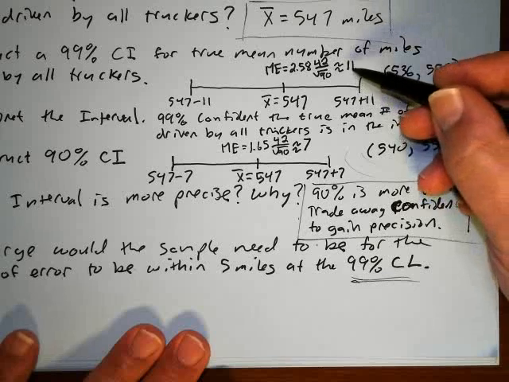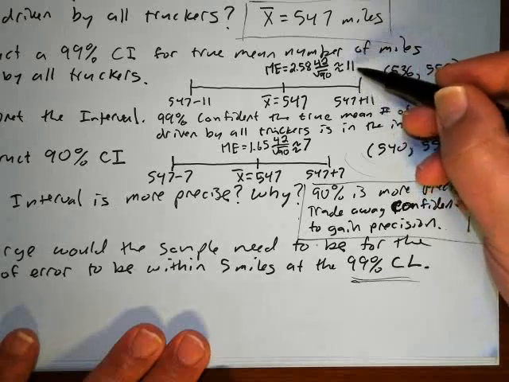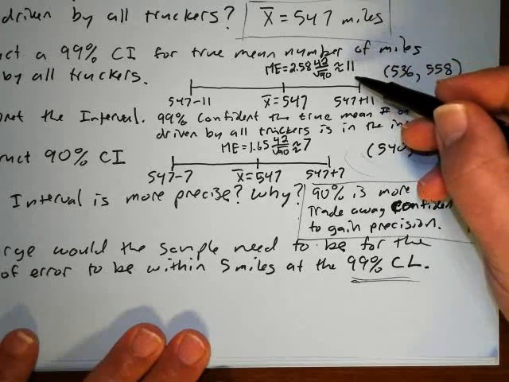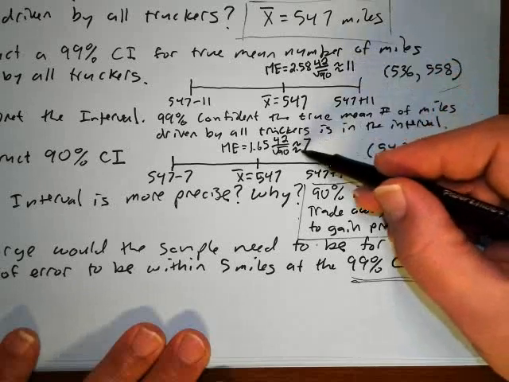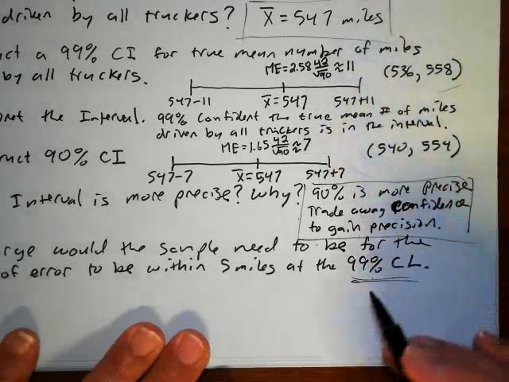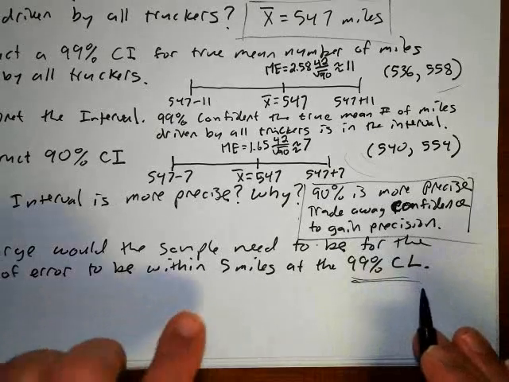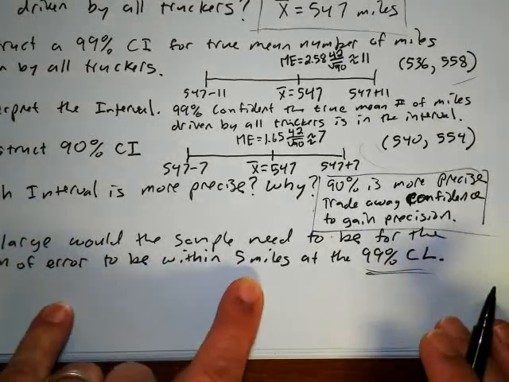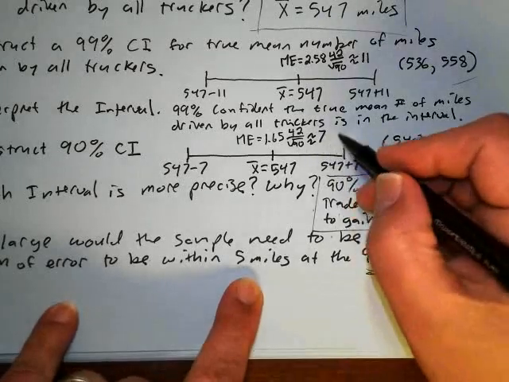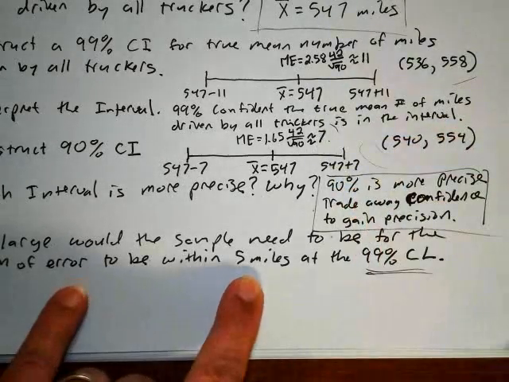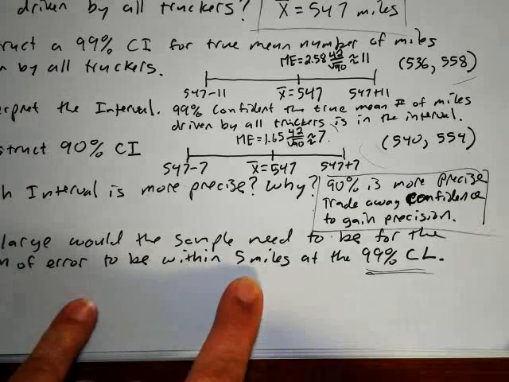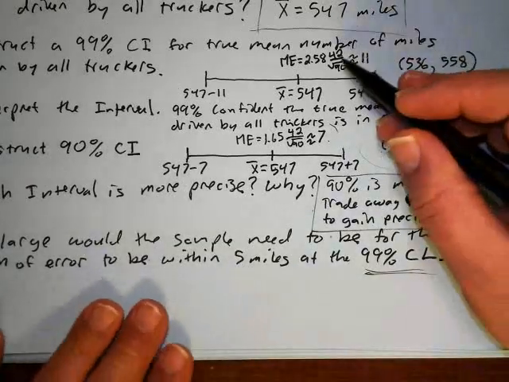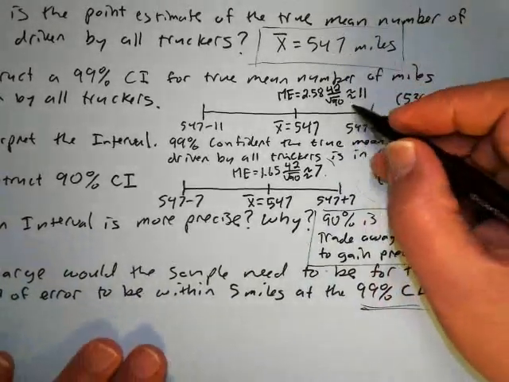So here I had 11, right? My margin of error was 11, and by trading away confidence, I got it down to 7. But let's say I want to maintain 99% confidence, and I want my margin of error to only be within 5 miles, even better than this one. There's a way that I can do that, and if you look at these formulas, you can kind of see how.